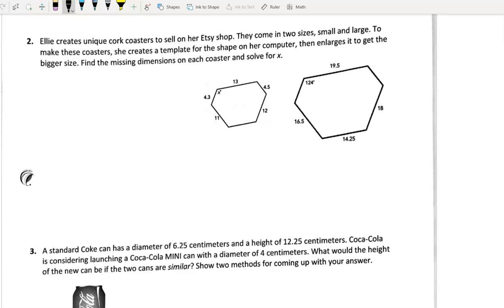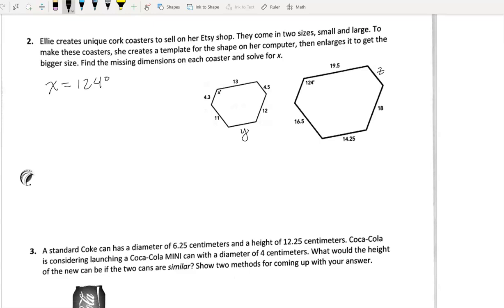Let's solve for x, because these are corresponding or matching angles. I know that x has to be the same as that angle, so x has to be 124 degrees. Now, we have some missing sides. I'll give those variables: a missing side here we'll call y, and a missing side here I'll call z.